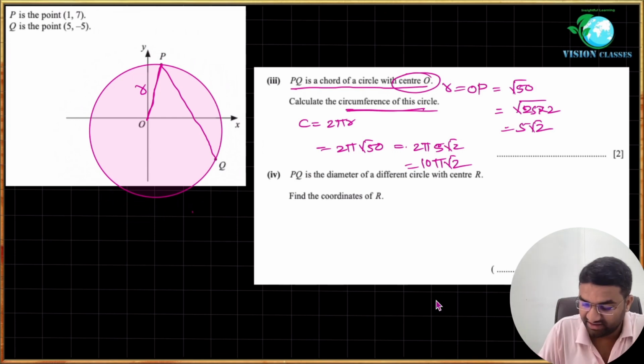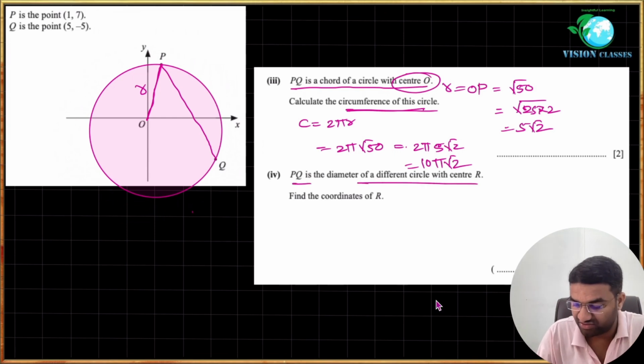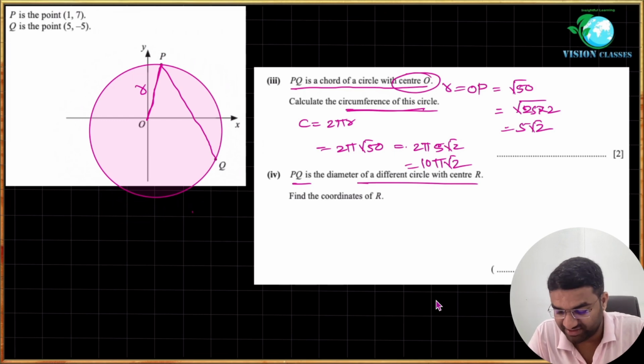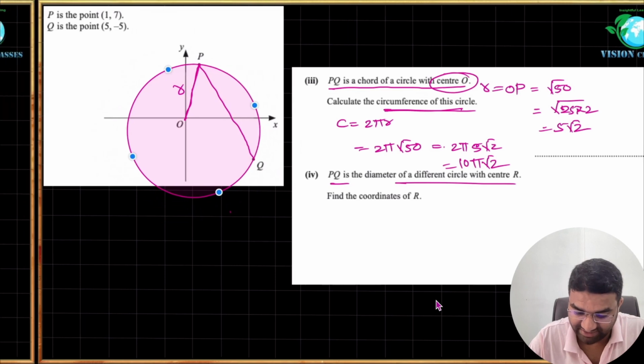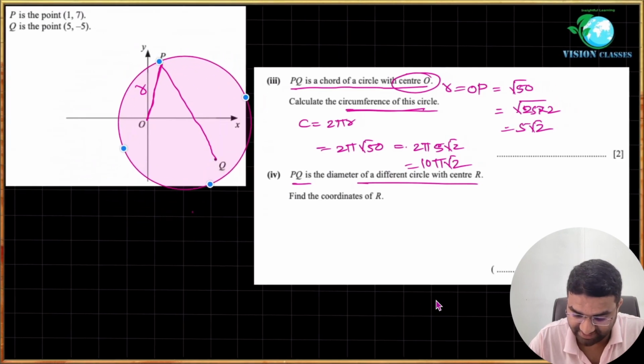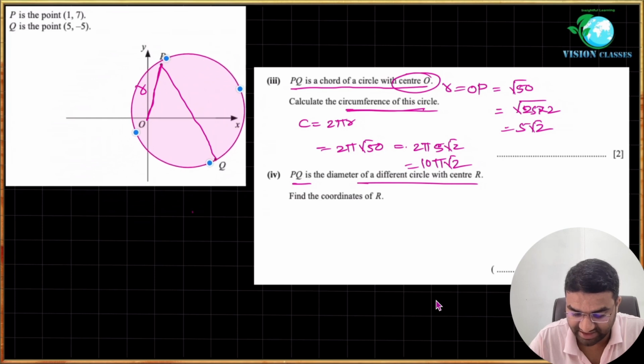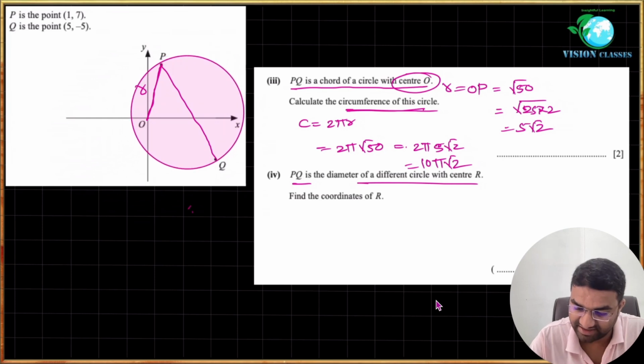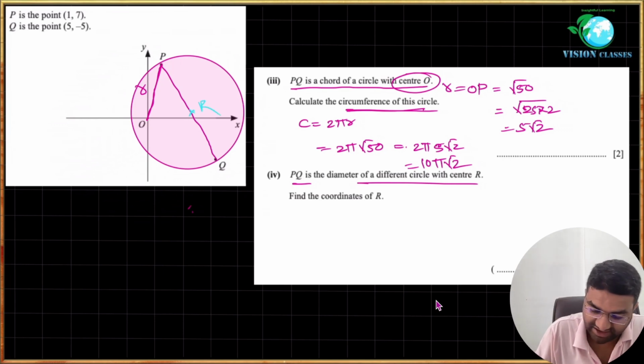That's it. Then PQ is the diameter of a circle with center at R. Now they are saying that the circle has diameter PQ. Fine. PQ is the diameter, so you can think that the center lies exactly in the middle somewhere here, R, isn't it? So to calculate R, we have to use the midpoint formula. What's the midpoint?